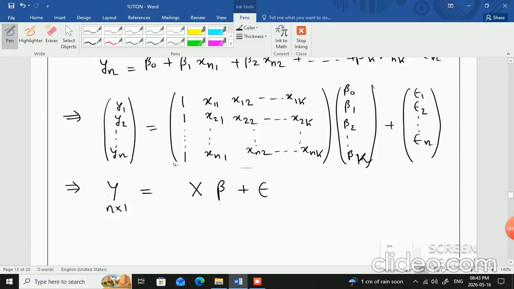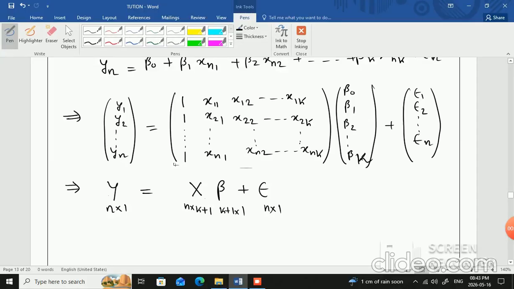The order of the X matrix is n rows and k plus 1 columns, so n cross k plus 1. The order of the beta matrix is k plus 1 cross 1, indexed 0 to k. The epsilon matrix has n epsilon values, so it is n cross 1.